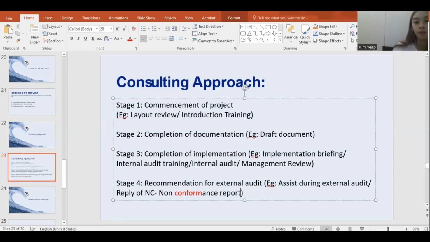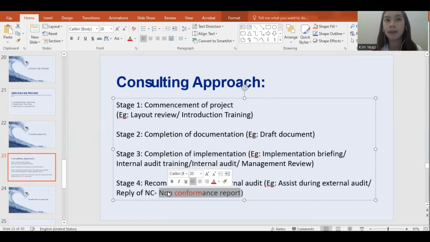So inside this non-conformance report, it actually states the things that the client does not follow, because it is impossible for them to follow 100%. If let's say they follow 100%, there will still be comments coming from the consultant side. So when it comes to the real audit, after receiving the non-conformance report, our consultant needs to assist the client to reply to the NC.